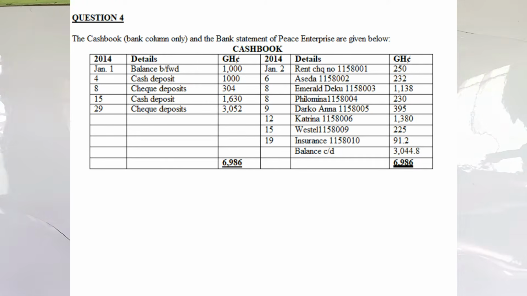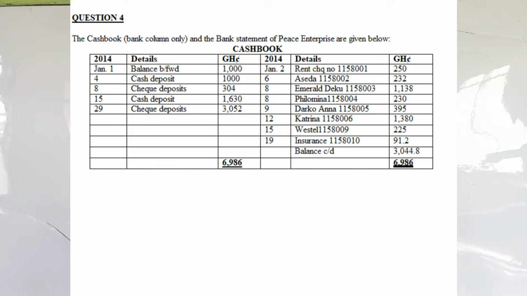And then for the credit side, we have rent, check number 115801, 250. We have Aseda, 232. Emra Deku with a check number 1138. Philomena with check number 230. And then we have Dakwana, the check number is there, amount is 395.